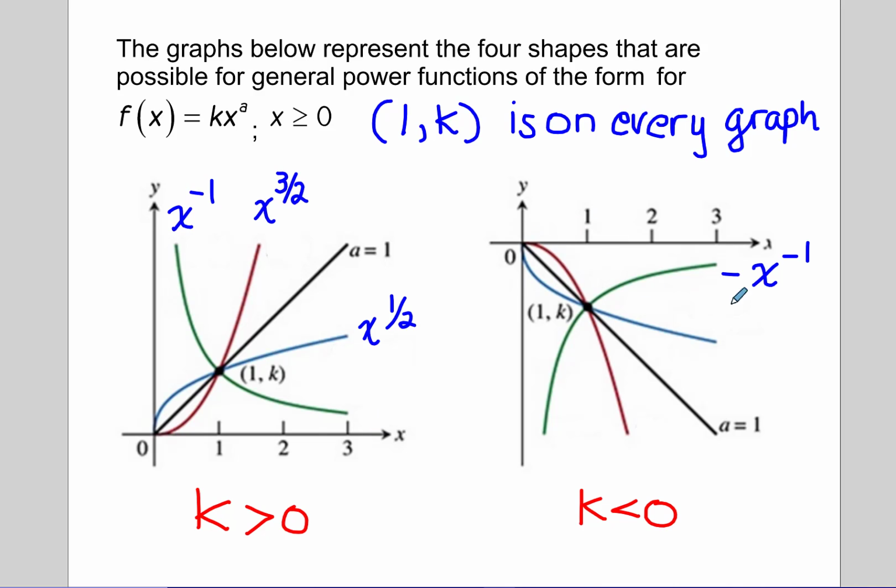In the blue graph, let's make this negative square root, not negative power though. Gotta watch me. And the red graph, same thing. I have x to the 3/2. I want to make that negative x to the 3/2. And then the behavior would go like this.